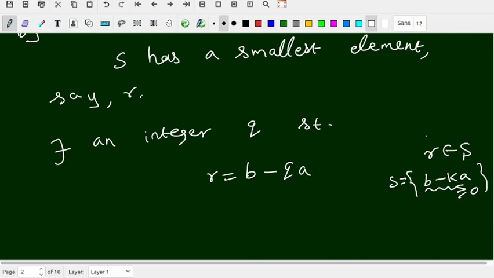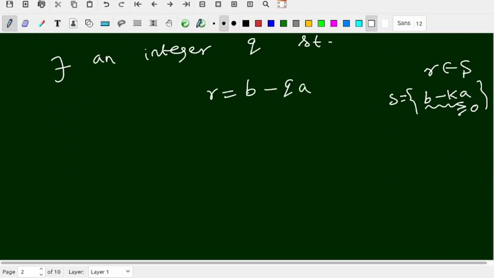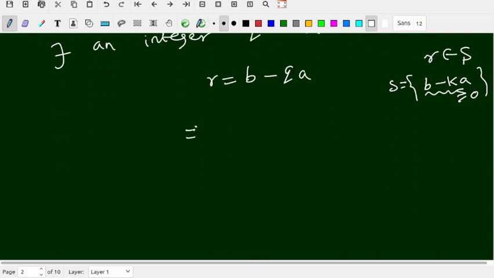So whenever you choose a point in S, there is a k such that the point equals b minus ka. For R, I choose q in the place of k. This implies that b equals qa plus R.